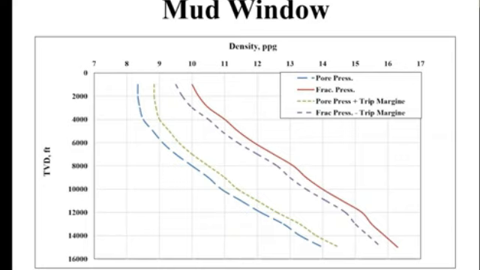The trip margin is basically for tripping operation. When we are tripping into the wellbore and tripping out of the wellbore, we are changing the bottom hole pressure. How? When we are tripping inside the wellbore, when we are pushing the pipe, what happens? The drilling fluid around the pipe starts moving upward, right? And we know that when it starts moving upward, we always have friction acting in the opposite direction of the flow. Is that correct?